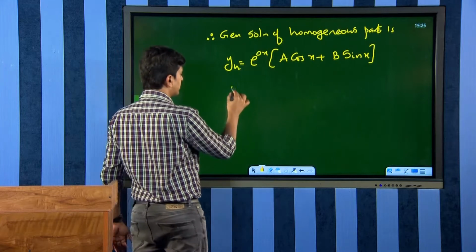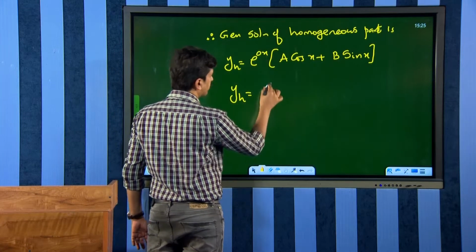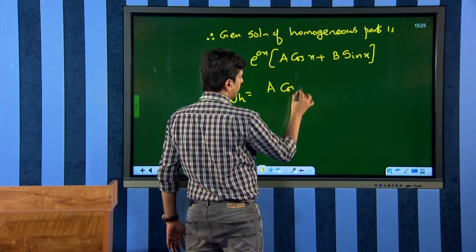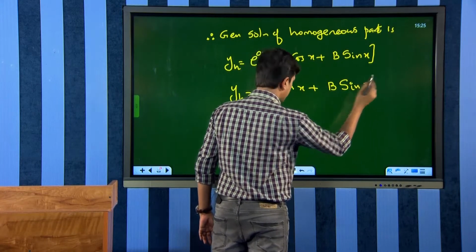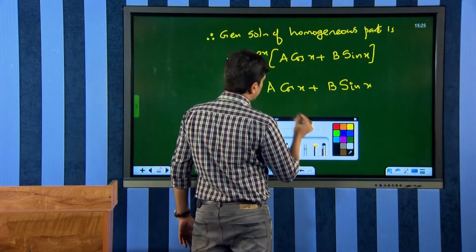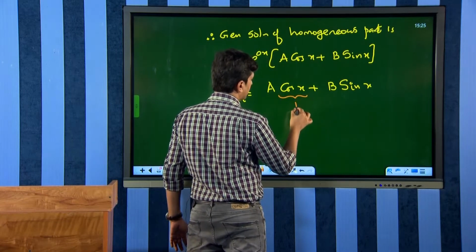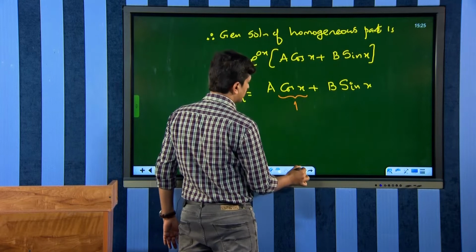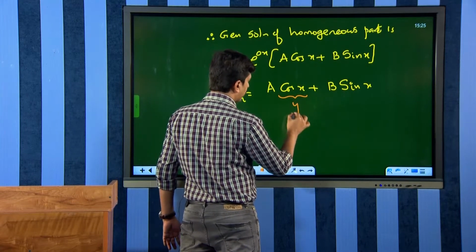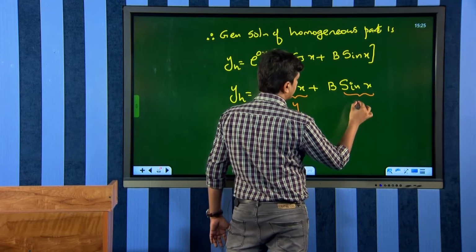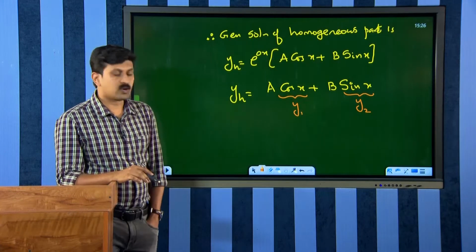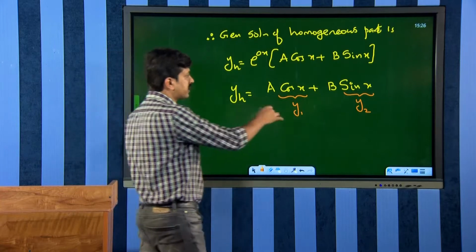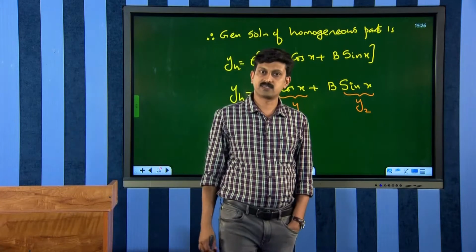That is yh is equal to a cos x plus b sin x. This first function we call y1 and this sin x is y2. So we have y1 equal to cos x and y2 equal to sin x.